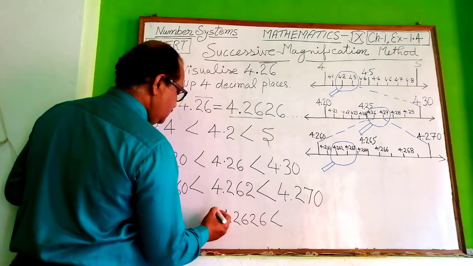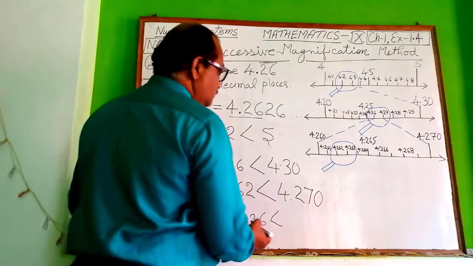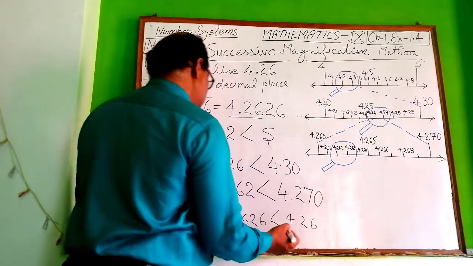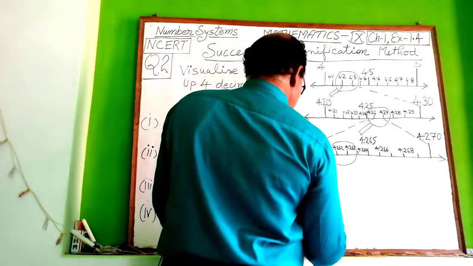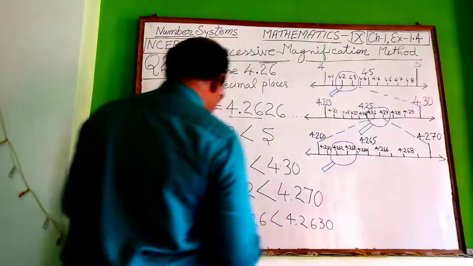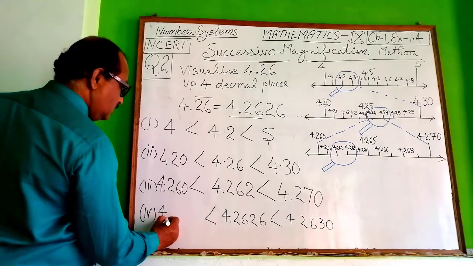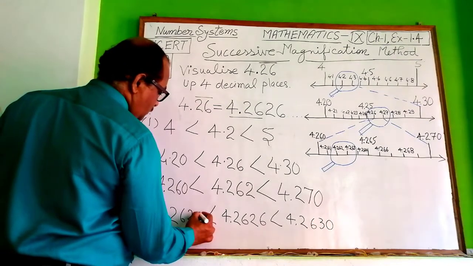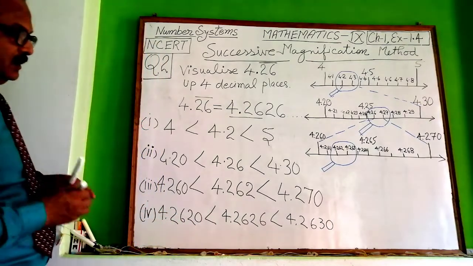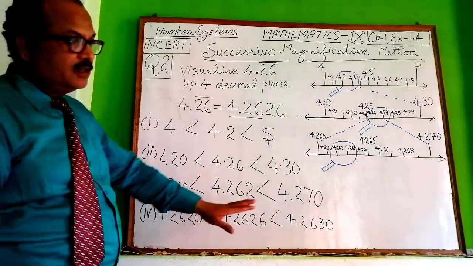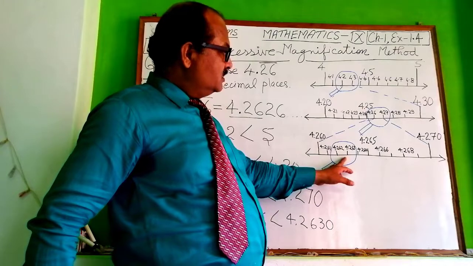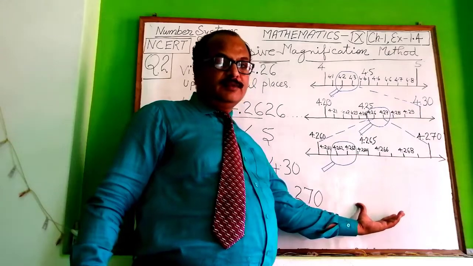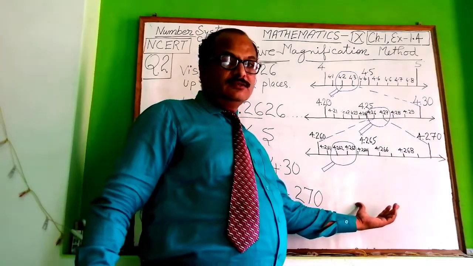This number 4.2626 is lying between 4.2630 and 4.2620. So we will locate it in the next step, magnifying these two places. 2 points I will magnify and it will be the last step of the exercise and this question also.